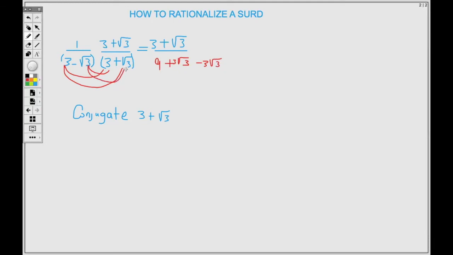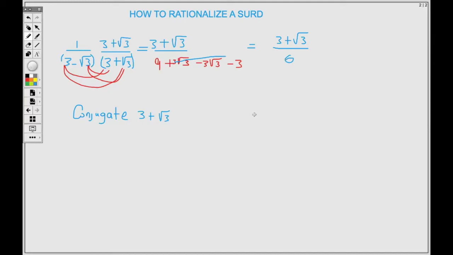Minus root 3 times positive root 3, that's negative 3. So simplifying the denominator, what's happening? There's some cancellation, and that's always the case. That's cancelled. So in the denominator, we just have a rational number, which is 9 minus 3, and that gives us 6.